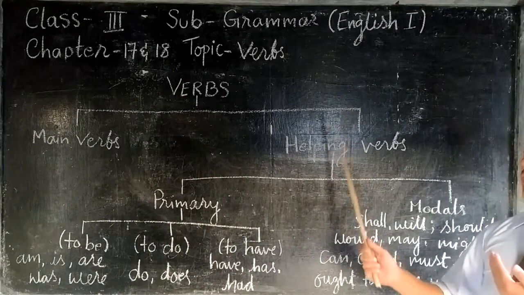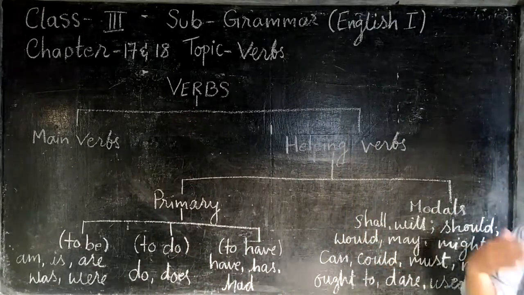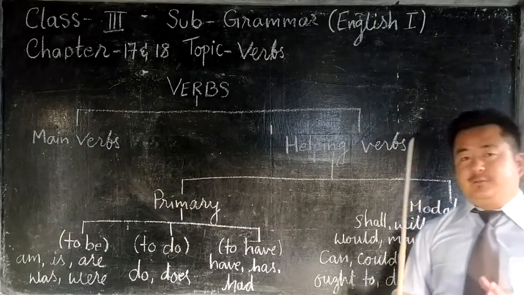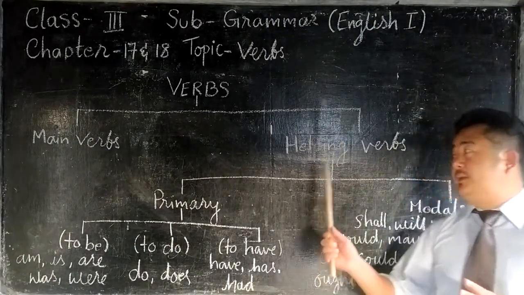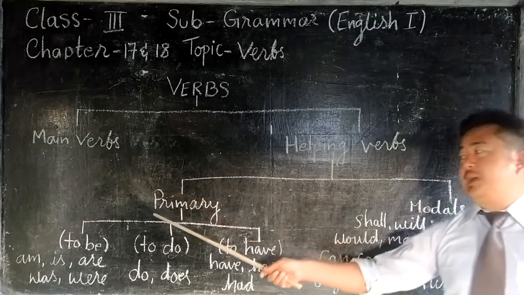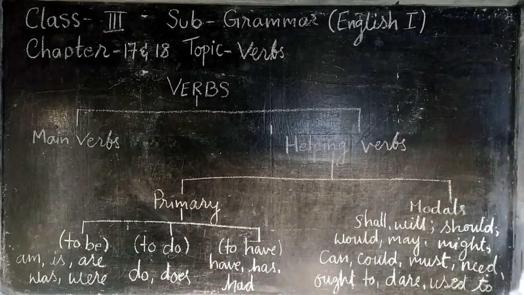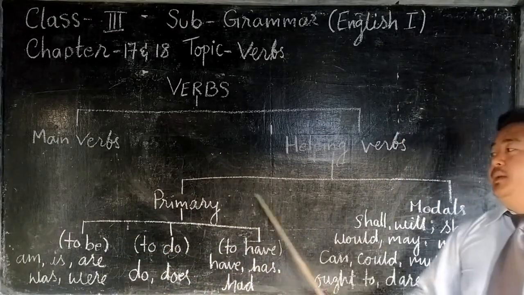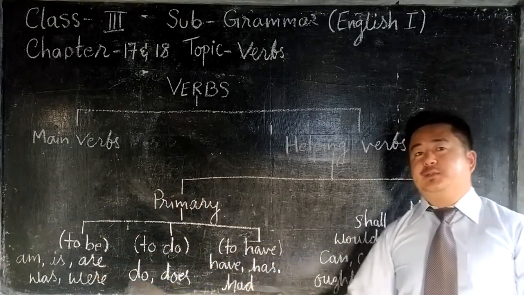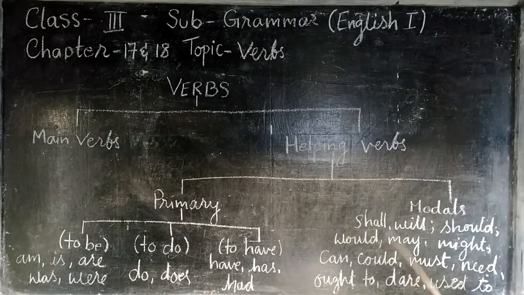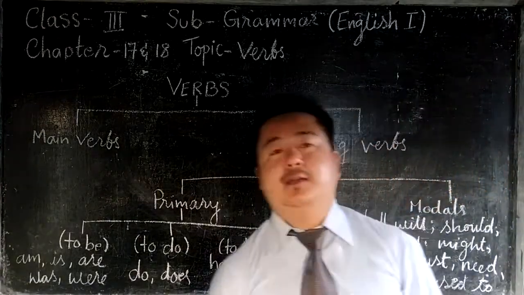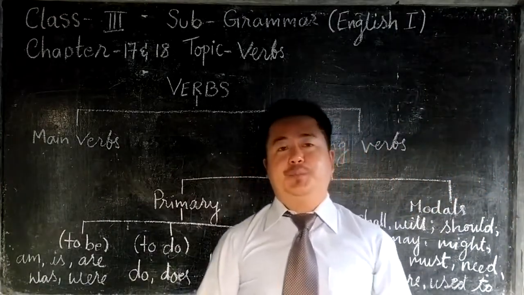When we talk about helping verbs, or auxiliary verbs, there are altogether 23 of them. They are also categorized into two, primary and modals. Under the primary we have 10 verbs, and the remaining verbs come under the modal verbs. This is what we have discussed in today's video.